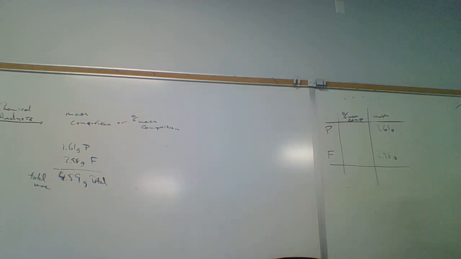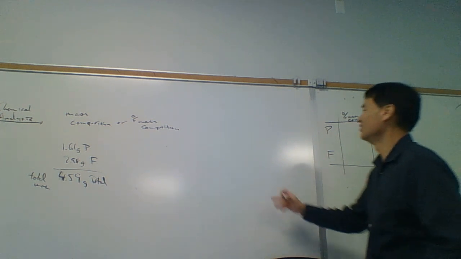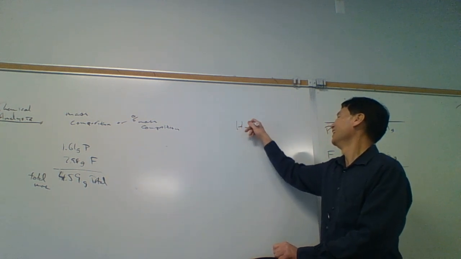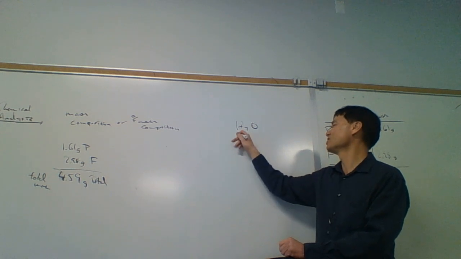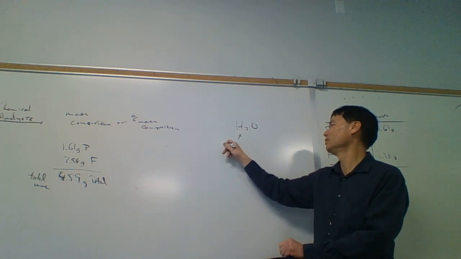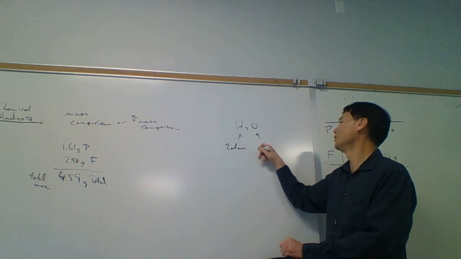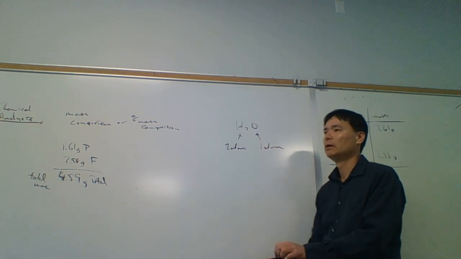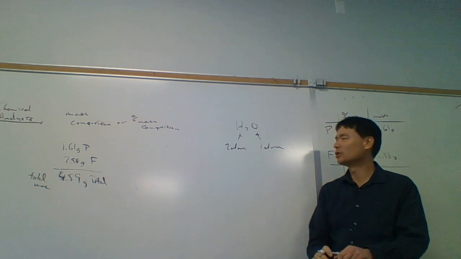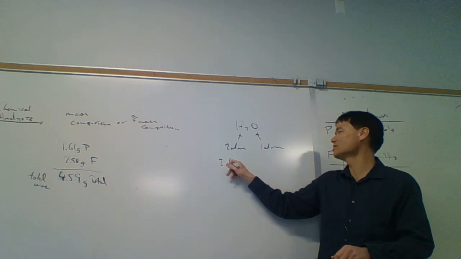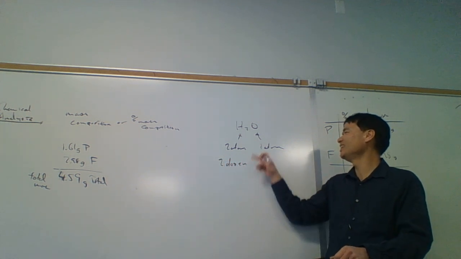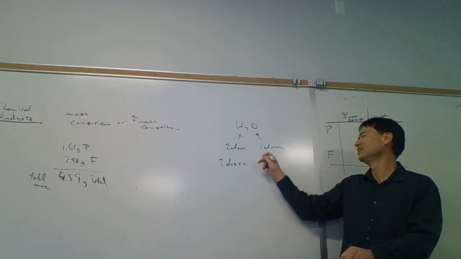Now, when I work with this, like H2O, this is an atom ratio. And so how many atoms of hydrogen? 2 atoms of hydrogen and 1 atom of oxygen. This could also be a dozen ratio. So for example, if I had 2 dozen hydrogen, how many dozen oxygens do I have?